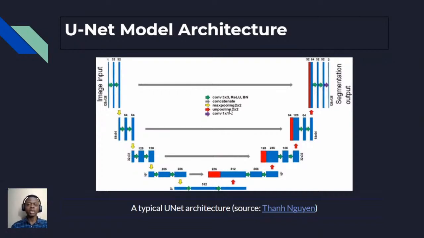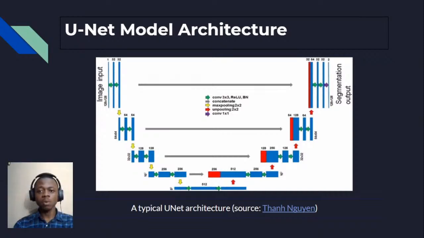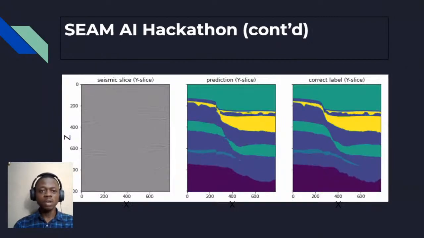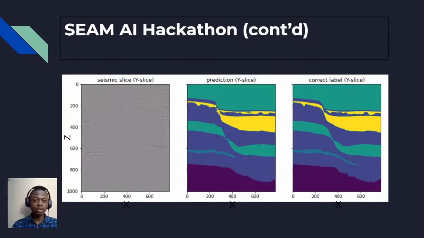So we're looking at how we can identify salt from seismic images, and when we get to that, I'll give more information. Over here we have a particular example from a hackathon some weeks back where we were trying to identify 6 different seismic facies from seismic volumes.